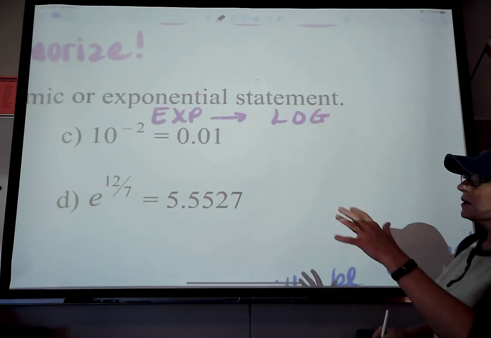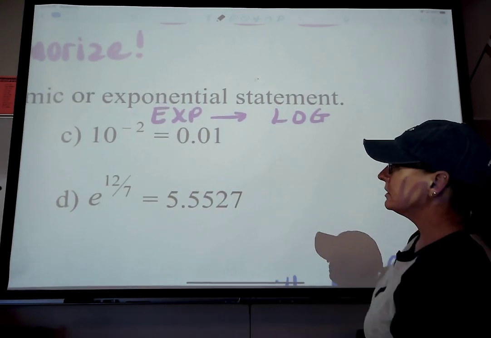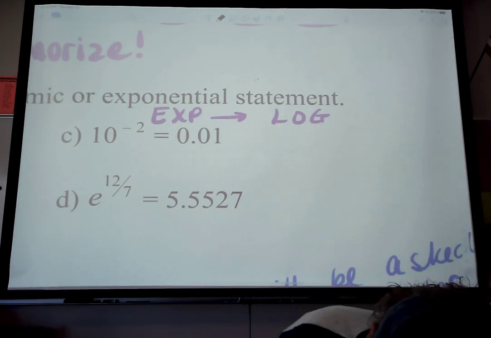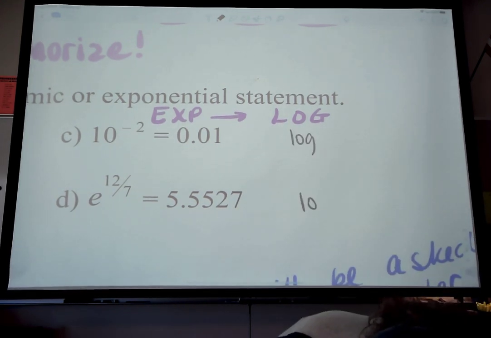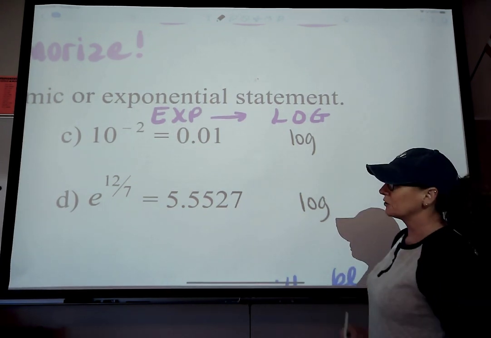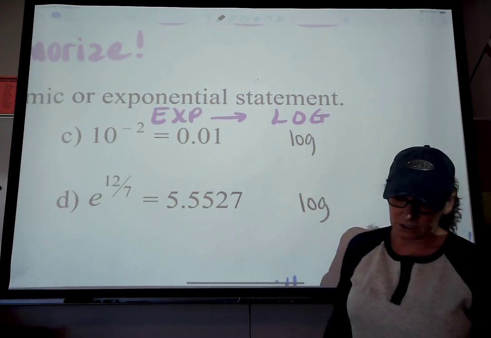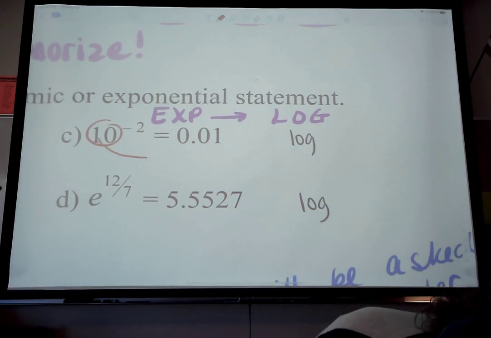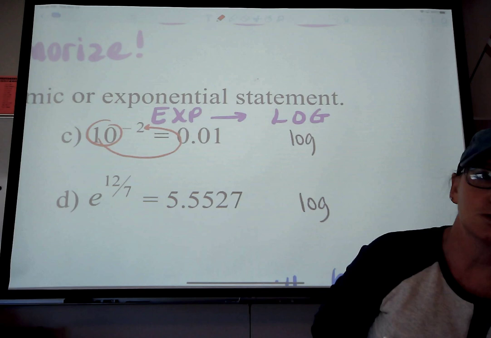Next two. There's currently an exponent notation. Let's change modes to logarithm notation. The first thing I'm going to do is write log, let me go ahead and get the log out of the way. Start with the base, swirl around.